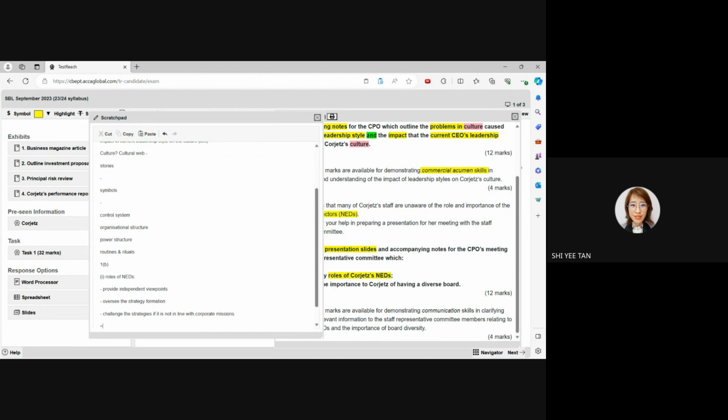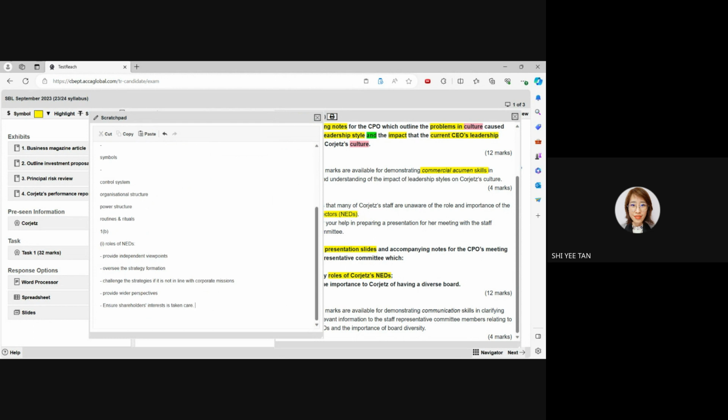And what else? Provides wider perspective, maybe that's their role, correct? Then ensure shareholders' interest is taken care of, am I right? That sort of thing. So I roughly put 5 first.